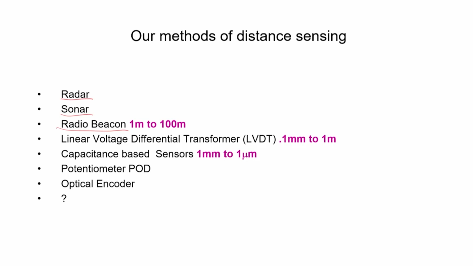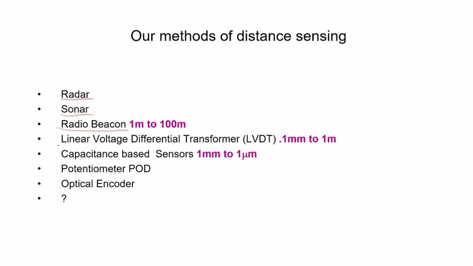As it comes back to you, so you need to have always a transmitter and a receiver. As it comes back to you, you measure either the delay between the two or you measure the interference pattern, because the two signals, the one which is received and the initial signal, will have a bit of a phase difference between them. So, through that you can try to measure the distance.